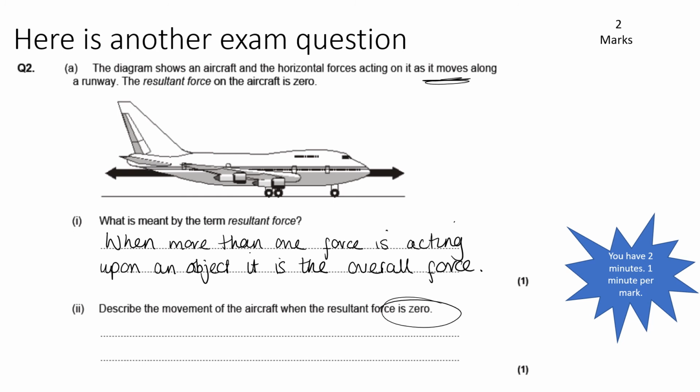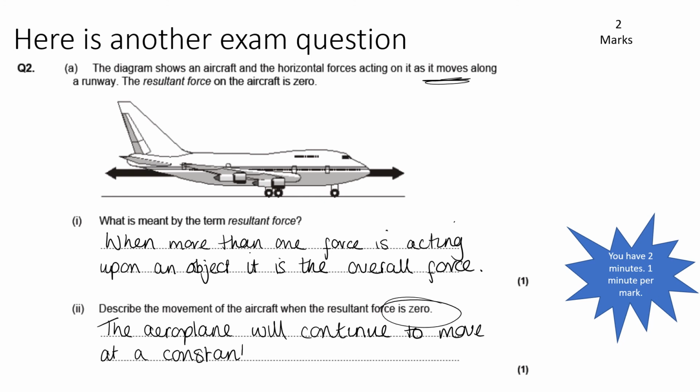So therefore, the aeroplane is going to continue to move at a constant speed. So the aeroplane will continue to move at a constant speed along the runway.